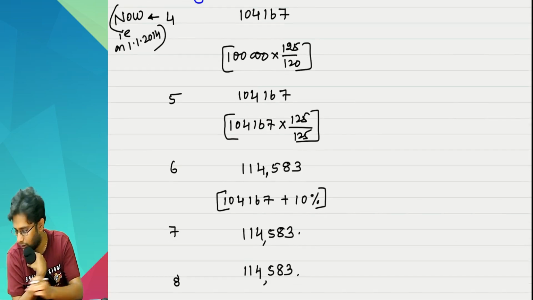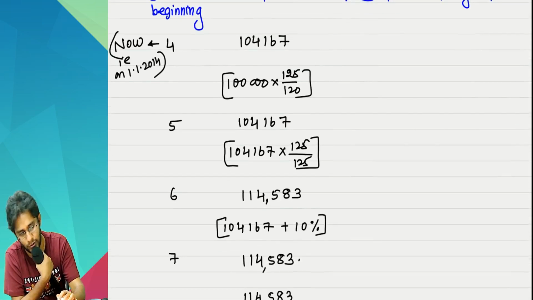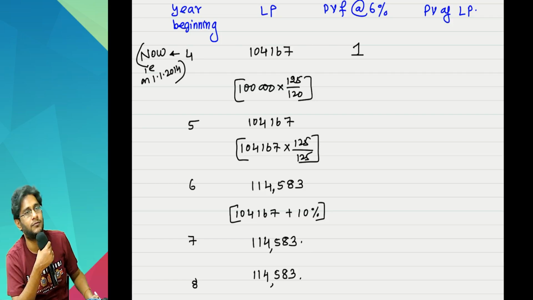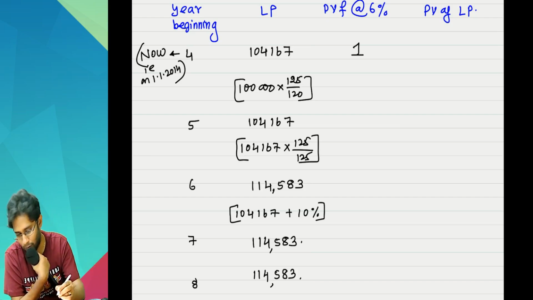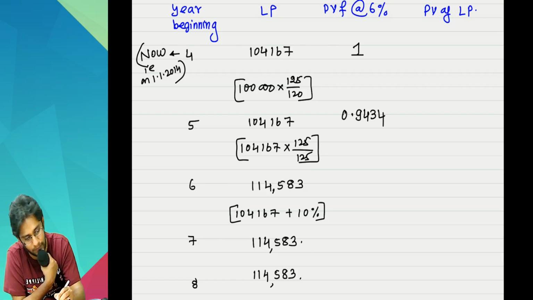This is that. Now coming to your PV factors at the updated 6% rate. Tell me, sir, how much should I write? Careful, 1. If you make a mistake there, it is gone. Right, next one: 0.9434. Next one: 0.89.